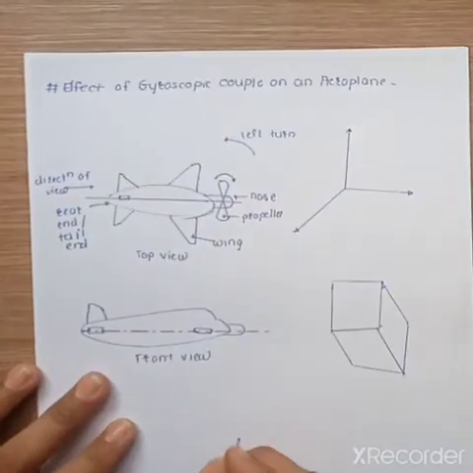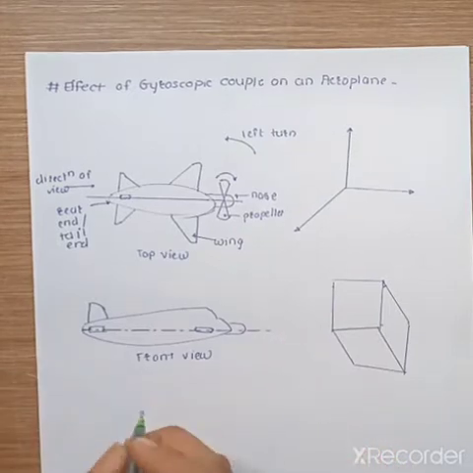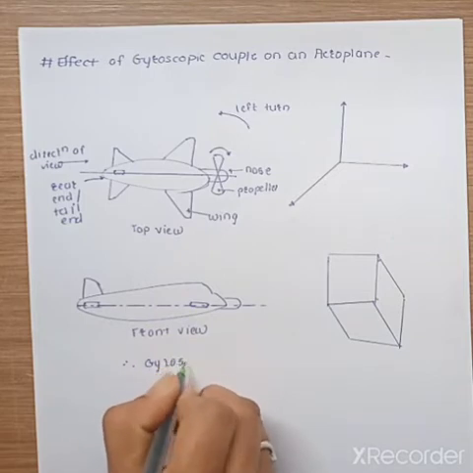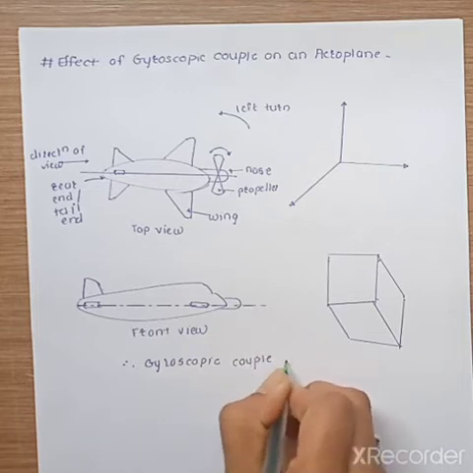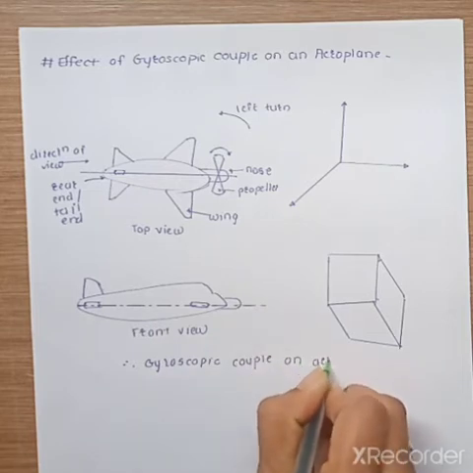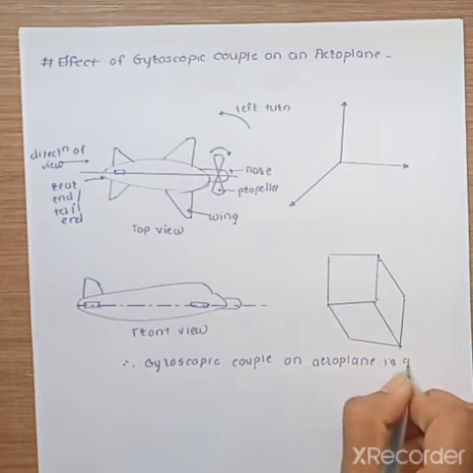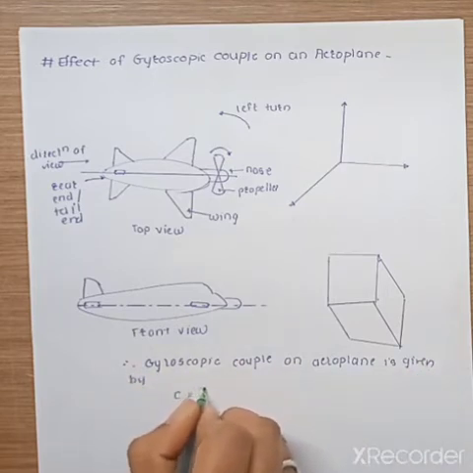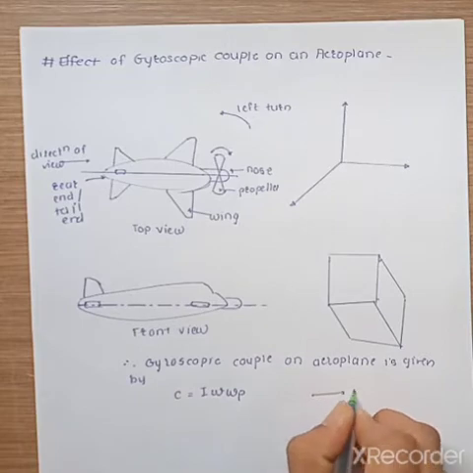Okay, we all know the formula for gyroscopic couple. We have seen it in the last lecture. Therefore, gyroscopic couple on the aeroplane is given by C is equal to I omega omega P. Okay, let this be equation 1.